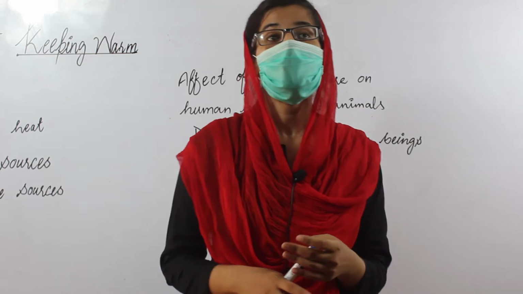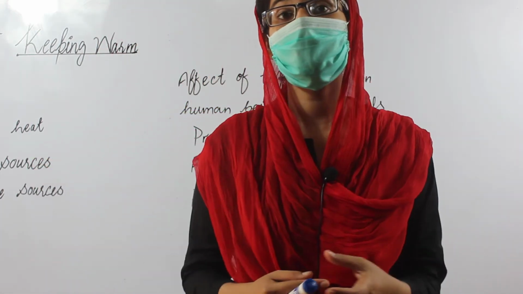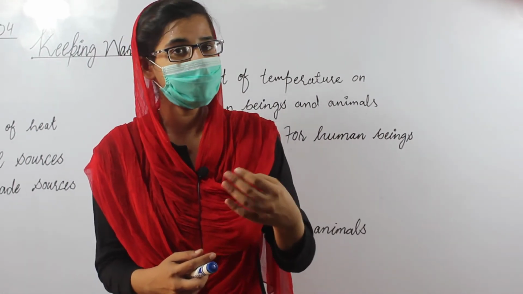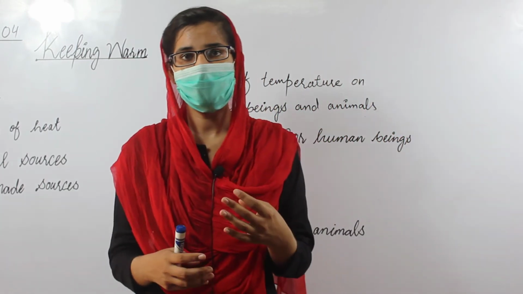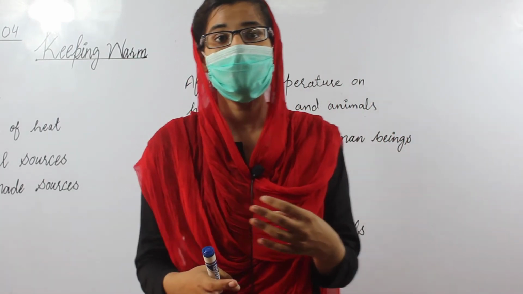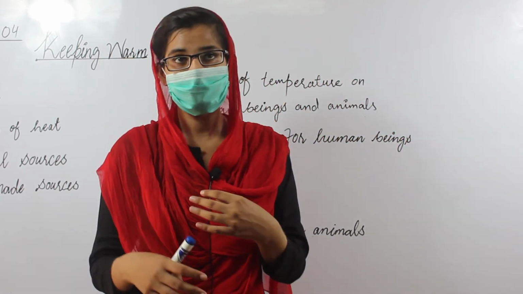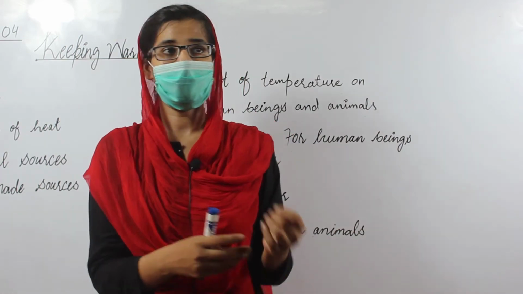When the weather is very cold or very hot, it is very difficult for us and for animals to live and survive. We have to find ways to keep ourselves and our surroundings not too cold or too hot.